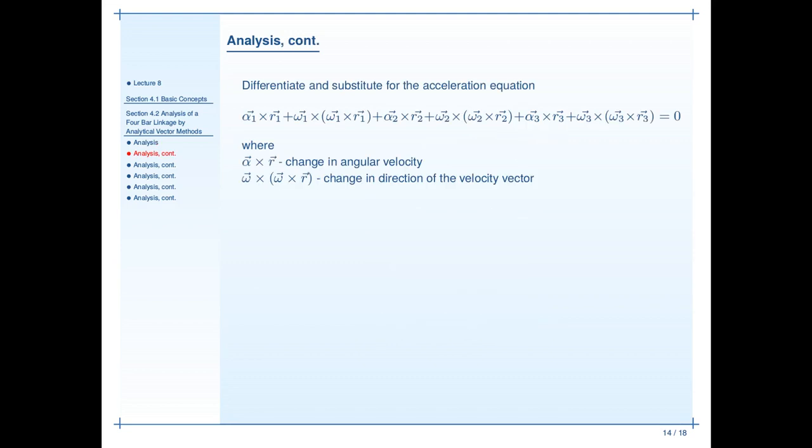We can then differentiate that equation and end up with this gigantic long one, which again has the components that hopefully are becoming a little familiar as I repeat them: alpha cross r and omega cross r. At this point, when I say that, you should immediately be thinking alpha cross r, tangential, omega cross r, normal.